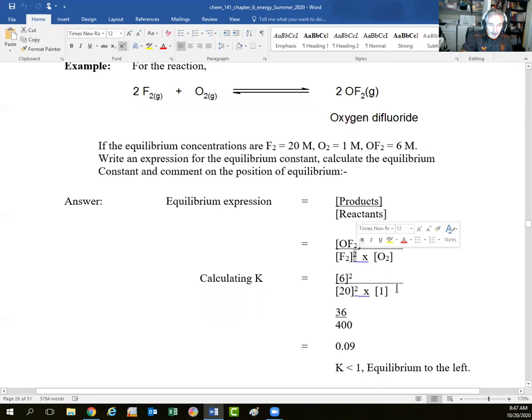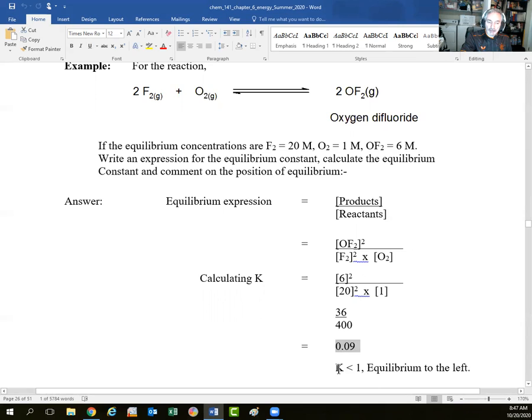The fluorine to the power of 2 because there's 2 moles in the equation. We then plug in the equilibrium concentrations which are provided for us. So we get 6 molarity to the 2, or 6 times 6, 20 to the power of 2, or 20 times 20. That comes out as 0.09.